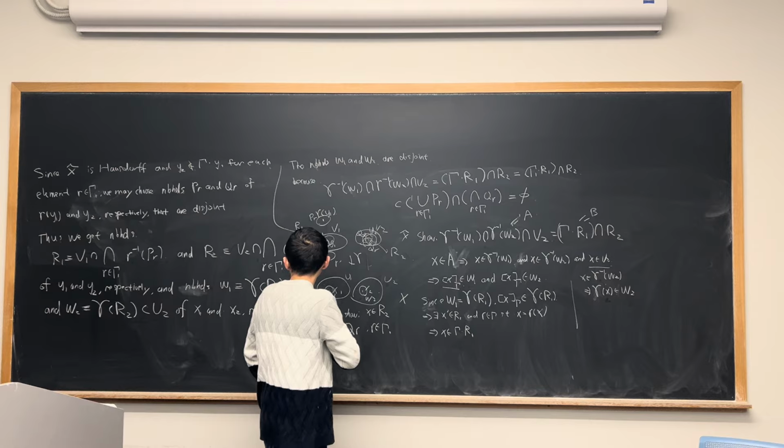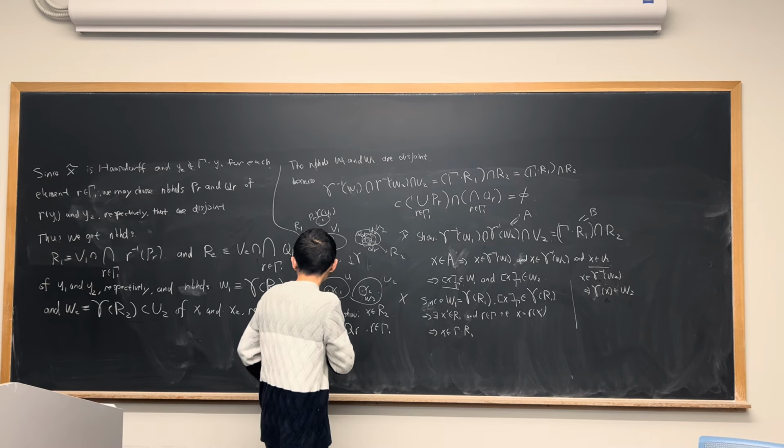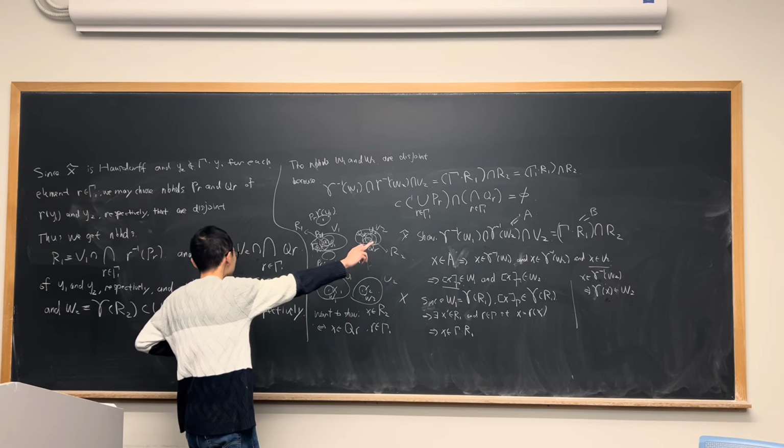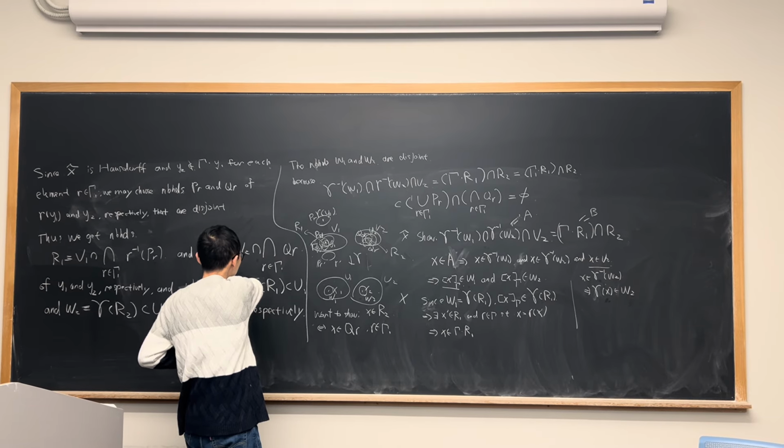Okay. So then what we do is that because here we also know that this x is in V2, right? So therefore it must lie in here.